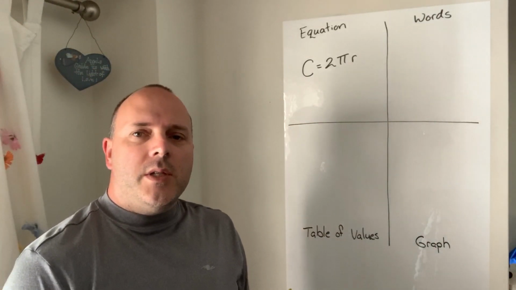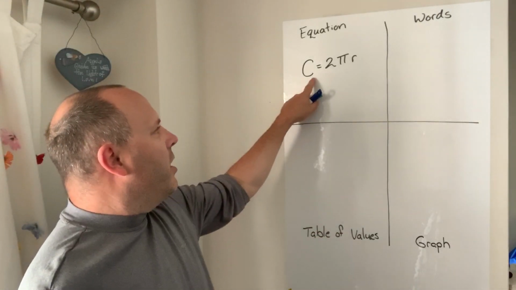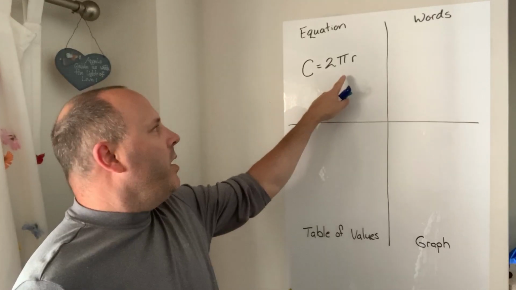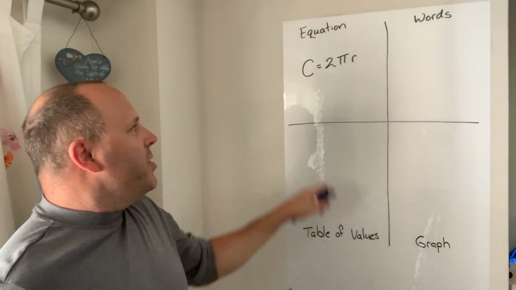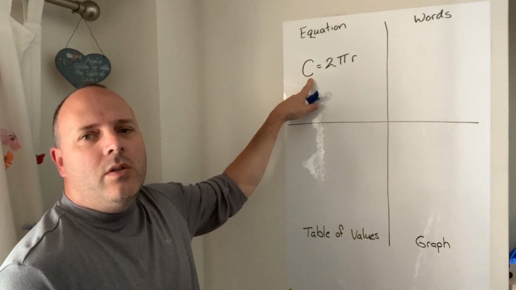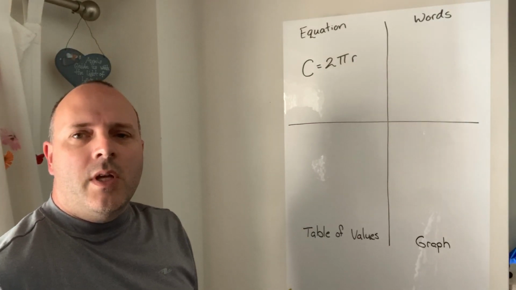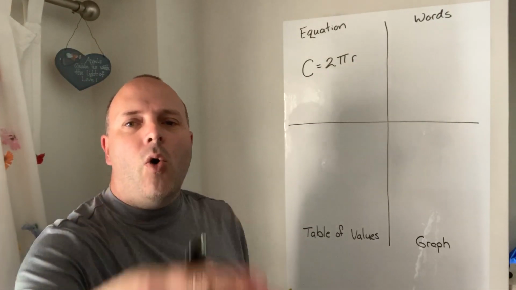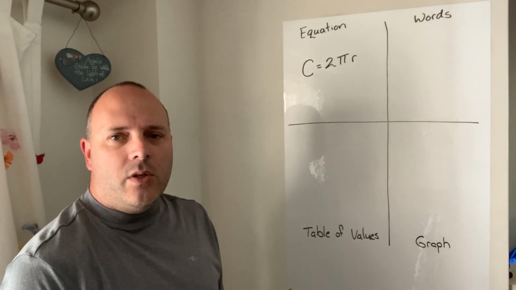So an equation for a line is like a formula for calculating one value when you know another one, right? We can represent the circumference of a circle by its relationship to the radius of the circle. The circumference is always 2 times pi times the radius of that circle.